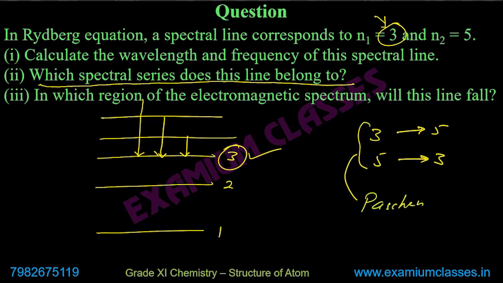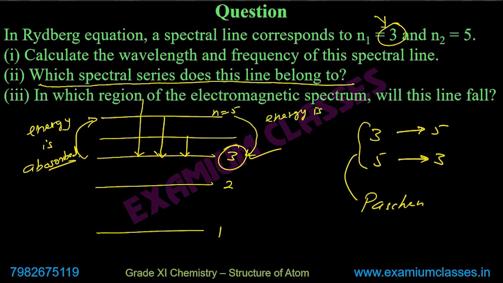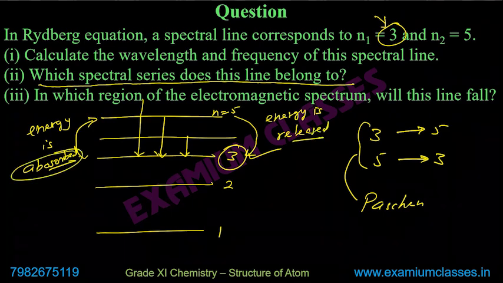The only difference will be the sign of the energy. If it is from 3 to 5, then energy is positive because energy is given. Energy is given means energy is absorbed by the atom. If it is from 5 to 3, then energy is released. That is the only difference. The same energy will be released, equal energy. Whatever was absorbed, the same energy will be released.